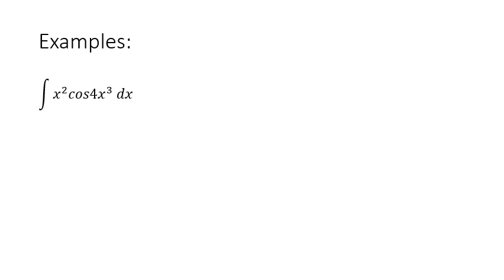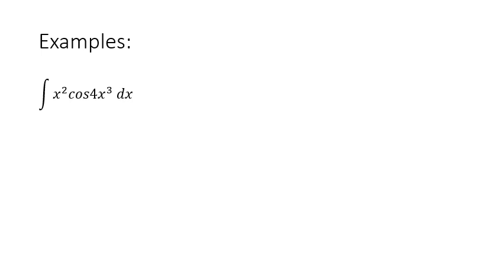Now, let's evaluate the following examples. The first one, we have integration of x squared cosine 4x cubed dx. With this example, we need to find the u here, right? Because we need to apply substitution since there's no direct integration formula for this example.